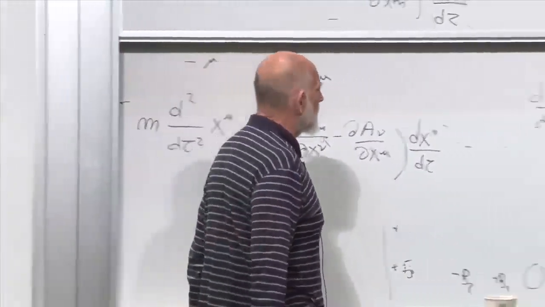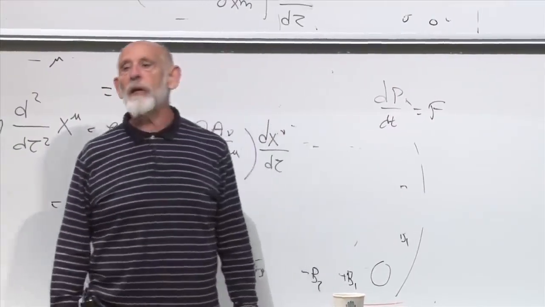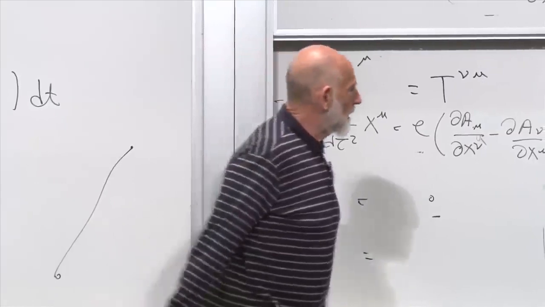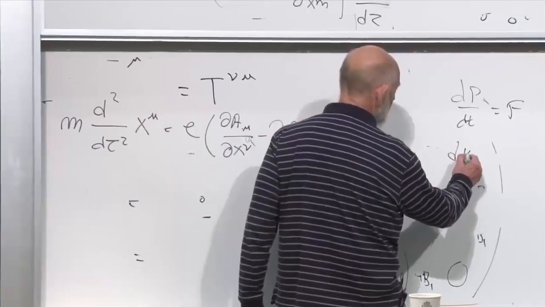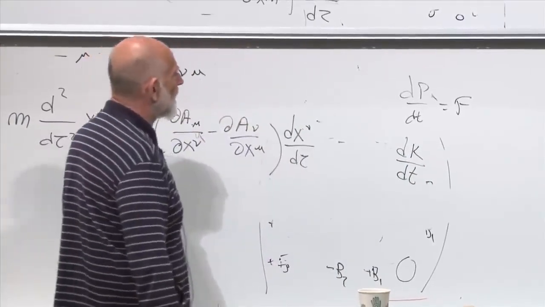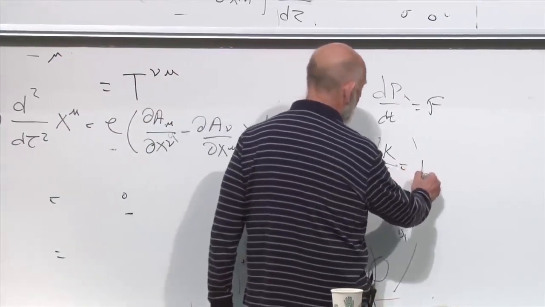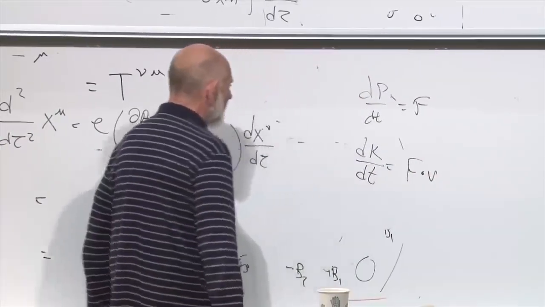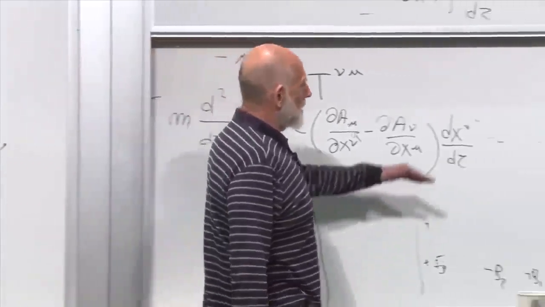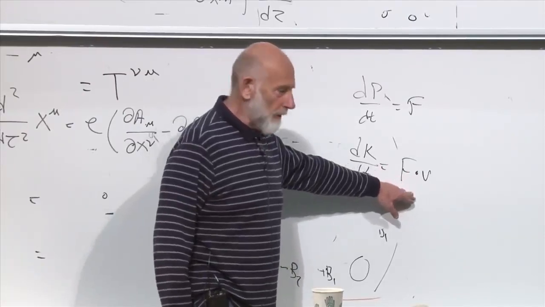The fourth equation tells you how the kinetic energy changes with time. How does the kinetic energy change with time? The kinetic energy, let's call it dK/dt. Well, that's called work, right? And work is force times velocity. That's what the fourth equation is. It tells you that the energy changes in a way which is consistent with the amount of work being done.